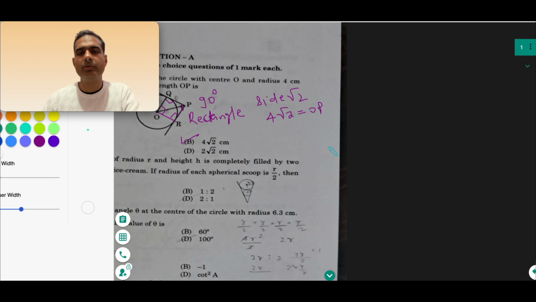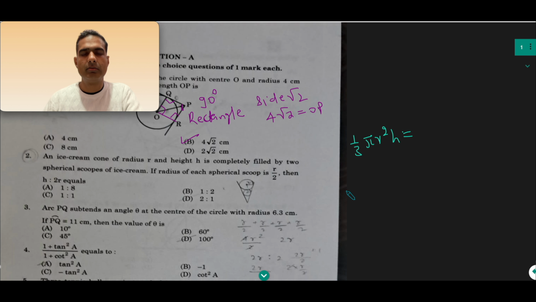So the volume of a cone is 1 by 3 pi r square h, and this will be equal to the volume of the two scoops of ice cream. Both scoops are spherical, so 2 into 4 by 3 pi, and its radius is r by 2, so r by 2 cube.